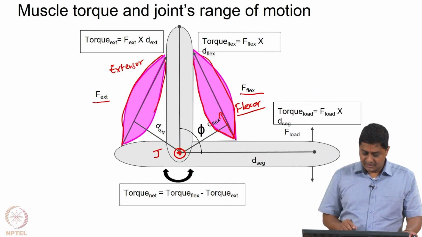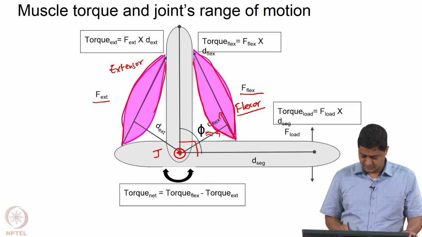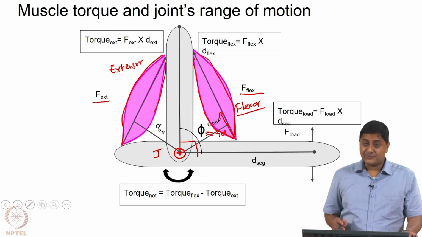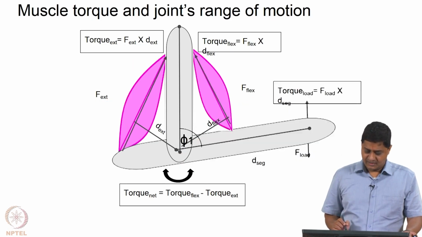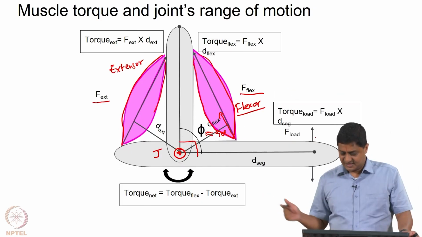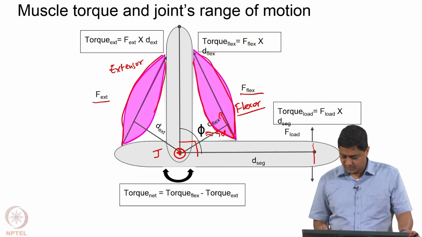Something like this situation will happen. Earlier this was the configuration, earlier the joint was at approximately 90 degrees. Suppose when the flexor muscle is contracting, then what happens is this. Say, for example, at the end I am supporting some load, that value I am going to call F load.